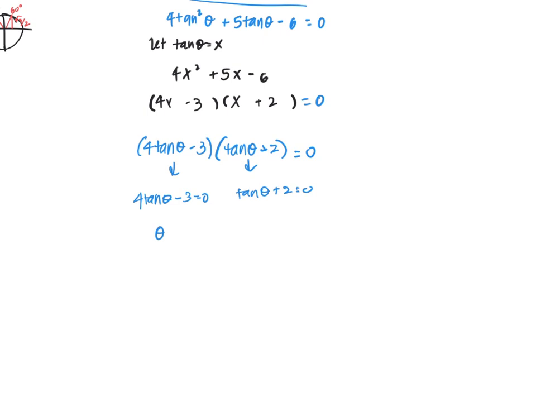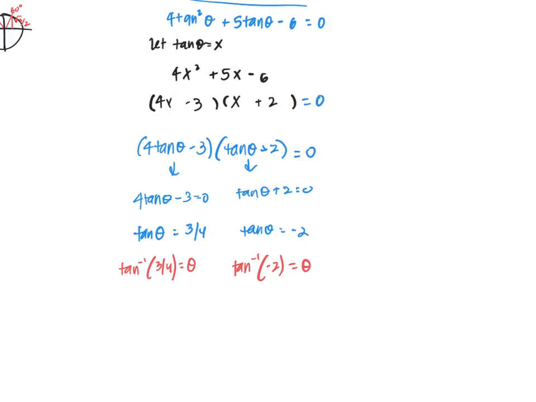Then tangent theta here is going to equal 3 over 4. Tangent theta equals -2. And these values are not on the unit circle. So this is a problem where you would have to use your calculator and do inverse tangent of 3/4 equals theta, and inverse tangent of -2 also equals theta.